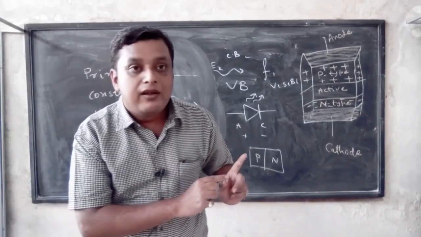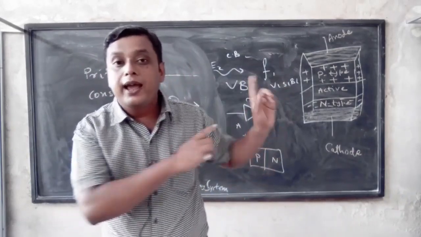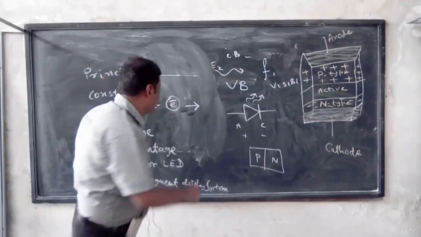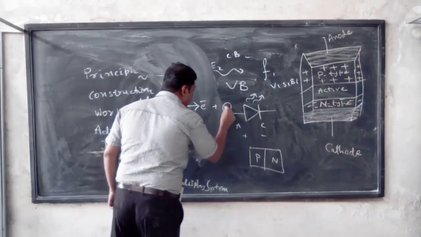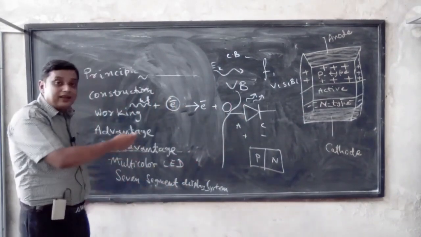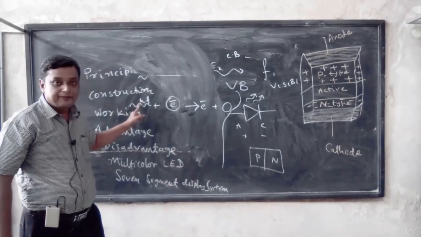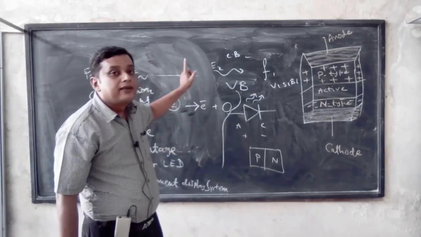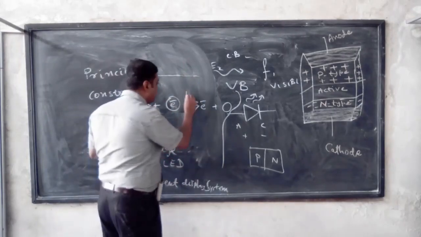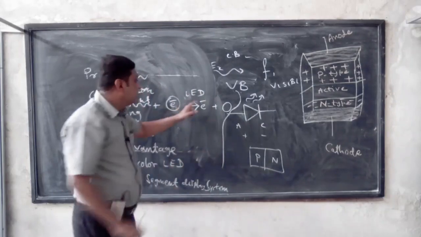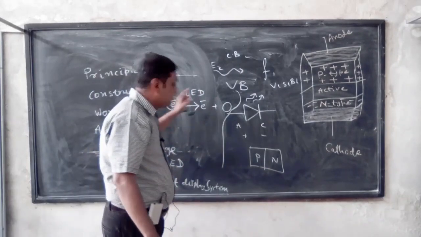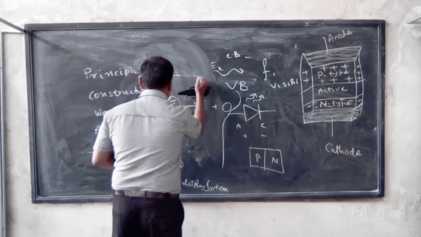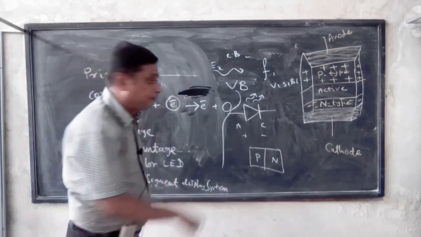So this electron is no longer a bound electron, but a free electron. So we can say that light energy is converted to electrical energy, and this is the fundamental basis of the solar cell, not the LED.